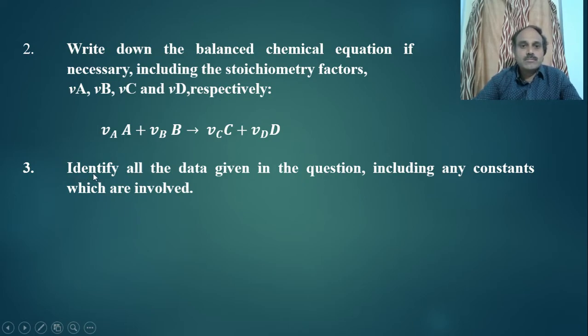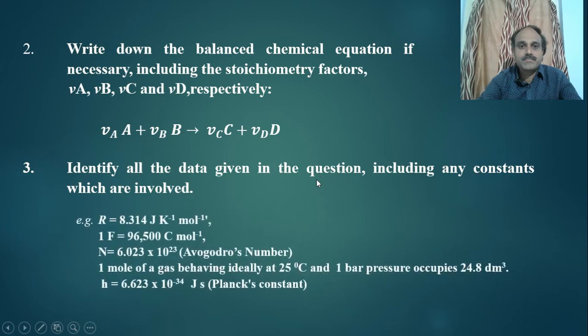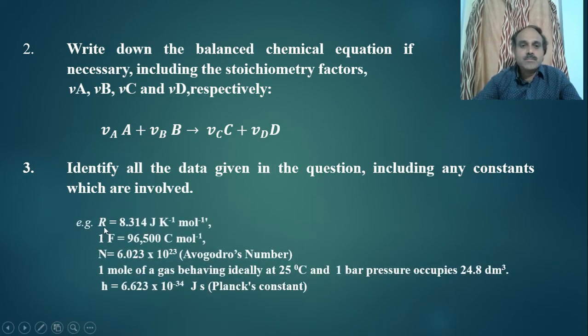This is most important because when you read the question, you should pick up what data are given in the problem, including any constants which are involved. In physical chemistry problems, majority of the times you may require the gas constant, the Faraday constant, the Avogadro number, the fact that 1 mole of gas behaving ideally at 25 degrees Celsius and 1 bar pressure occupies 24.8 dm cube, and Planck's constant.